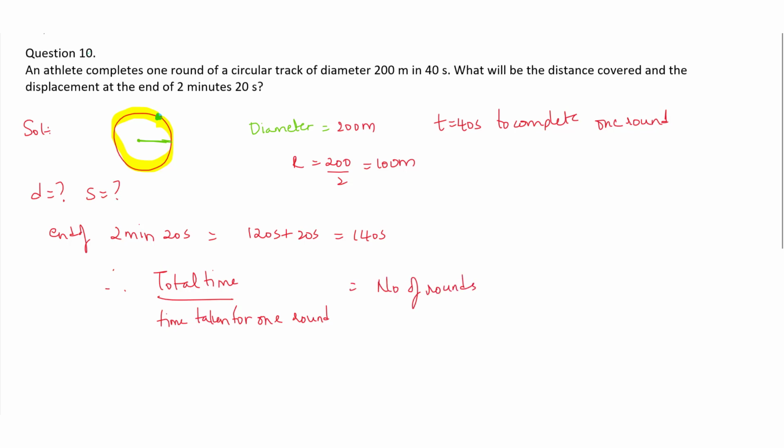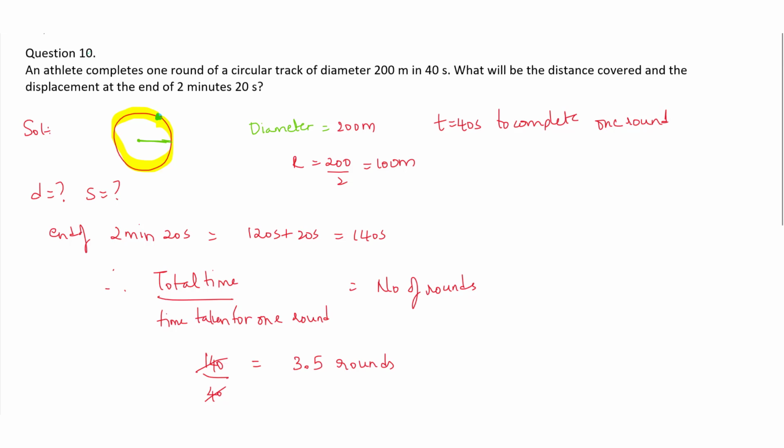Total time is 140 by 40, that is 3.5 rounds. So now I understand that the person is going around the circular track for around 3.5 rounds.